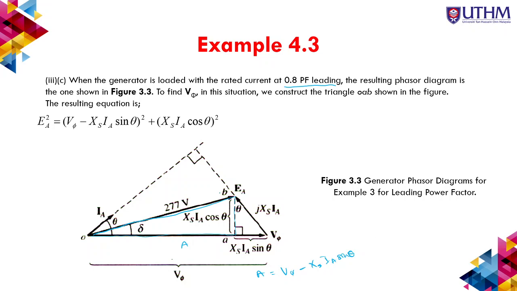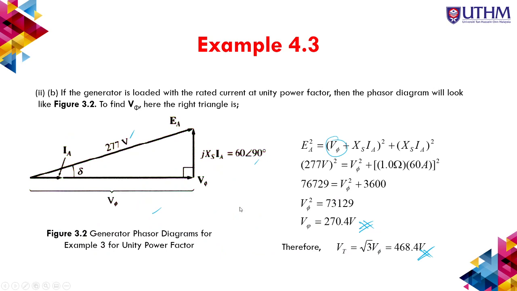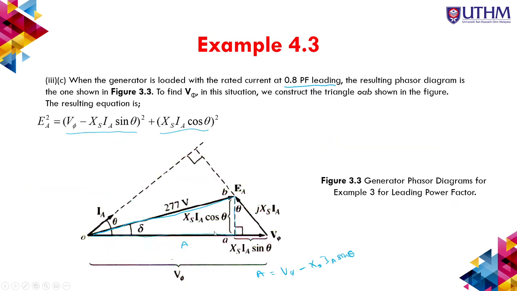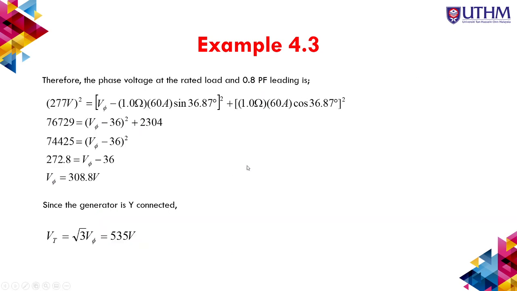This is the A square, and this is the B square. Normally this calculation is the same as before, the Pythagoras theorem, the same as this one. Then you will get the V phase. Just put everything in, and then we get the V phase, and then we can calculate the VT.